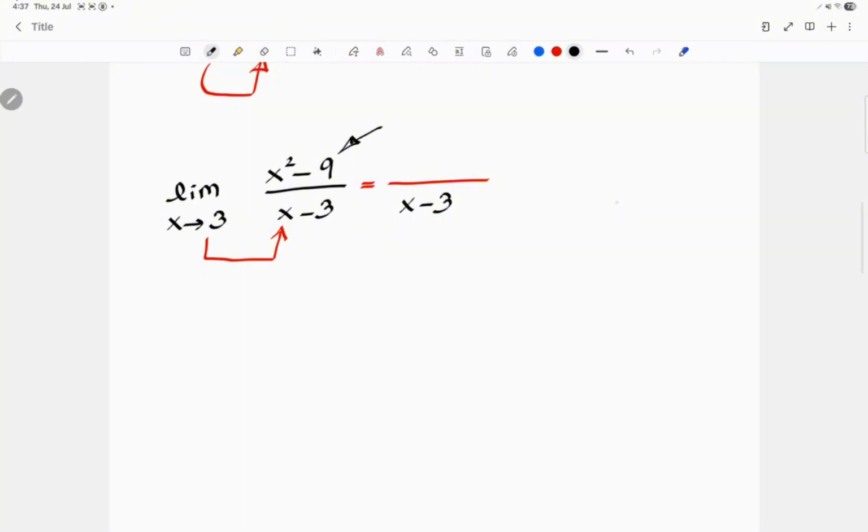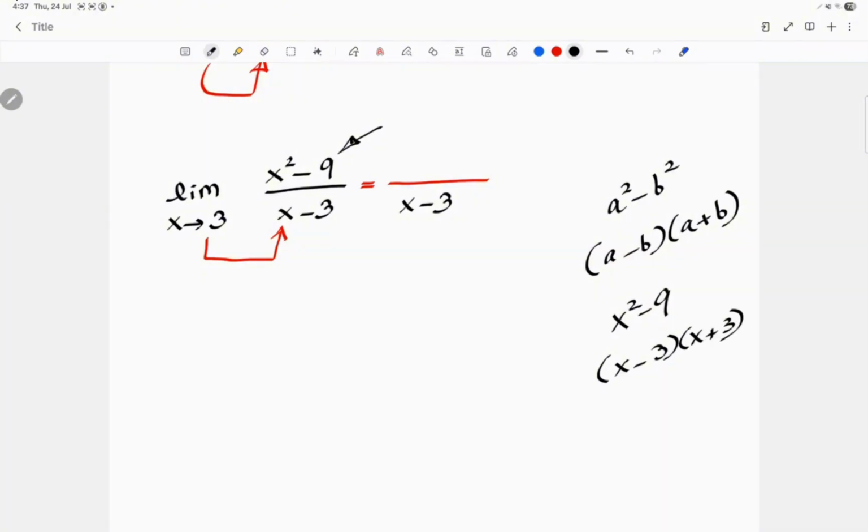Are you aware of the rule of a squared minus b squared? Do you know that? I forgot everything about that. Okay, it's going to be equal to a minus b times a plus b. That means if I have x squared minus 9, it's going to be x minus 3 times x plus 3.